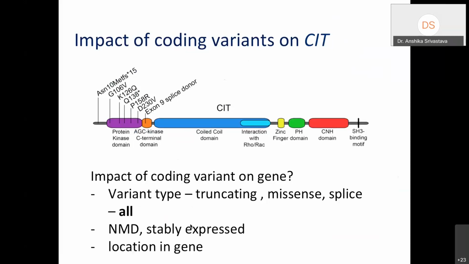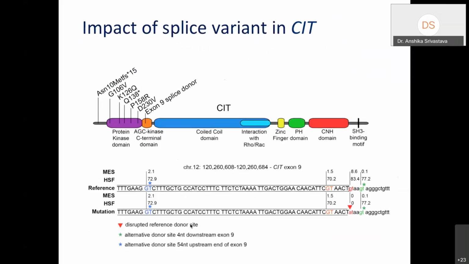So the types of variants observed in this gene were all of them: truncating, missense, and splice site. Then we wanted to see whether they were undergoing nonsense mediated decay or stably expressed, and we saw that it was undergoing nonsense mediated decay. So basically, how does it work? If we have a stop mutation in the gene, you will definitely see the formation of mRNA, but it will not be full length mRNA.